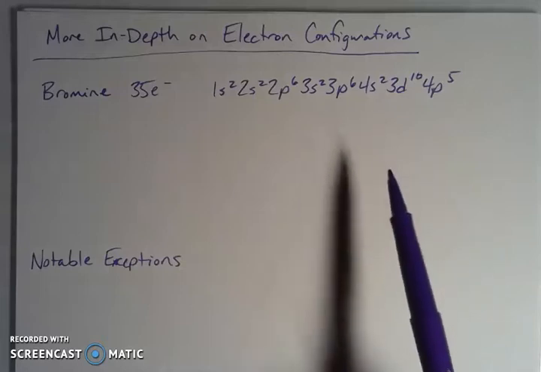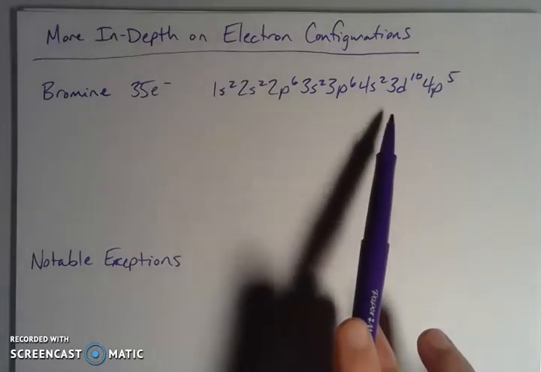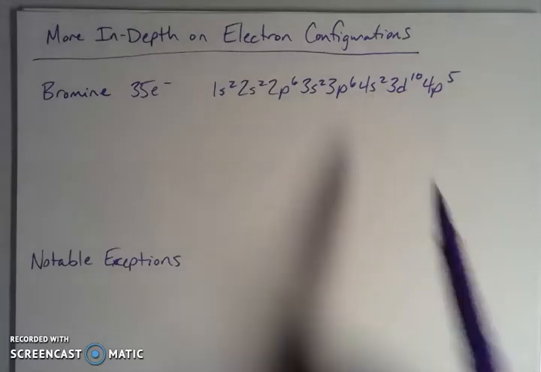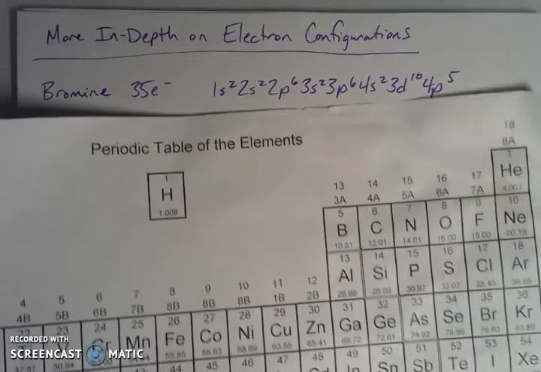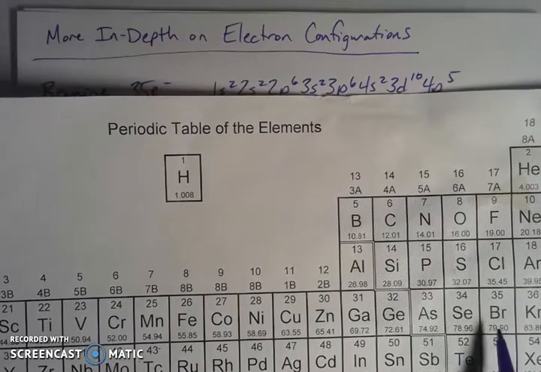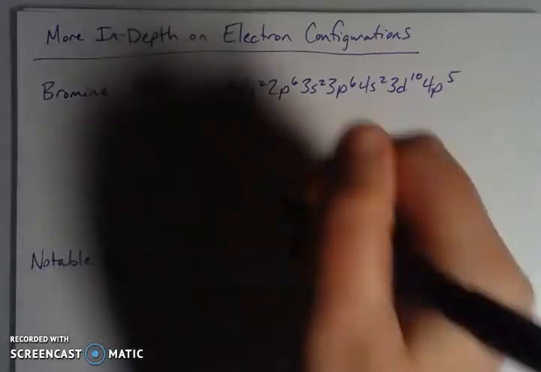Okay. So once we start getting into the elements that have d block electrons, once we get past the first, second, and third periods and we get into things that go through the d block, then when I start thinking about the noble gas configuration or the abbreviated configuration, I'd say, well, here's my periodic table. I'm going to go up to the noble gas prior to it, that would be argon in this case.